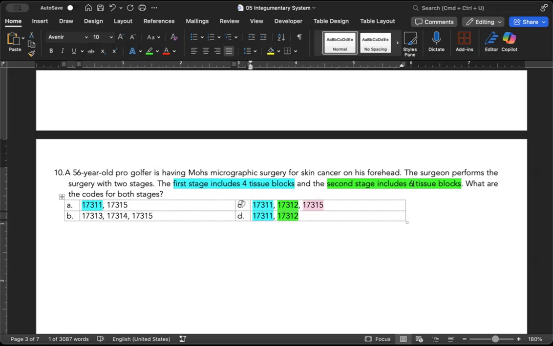We did a total of 6, so we need to report 1 unit of the 17315 so that we can report the 6th block within that second stage. Does that make sense?